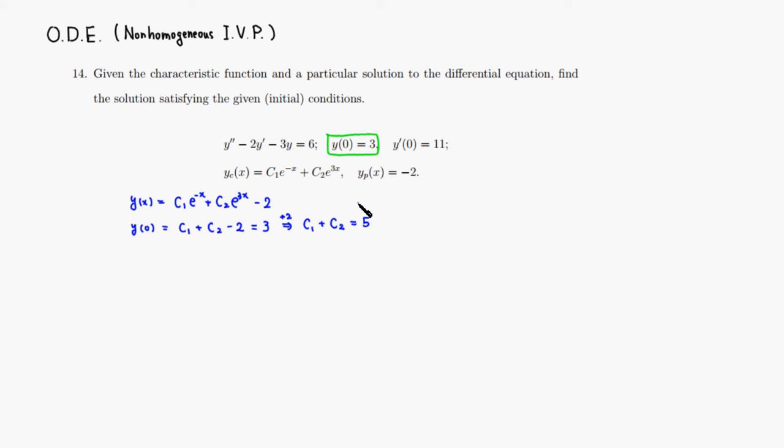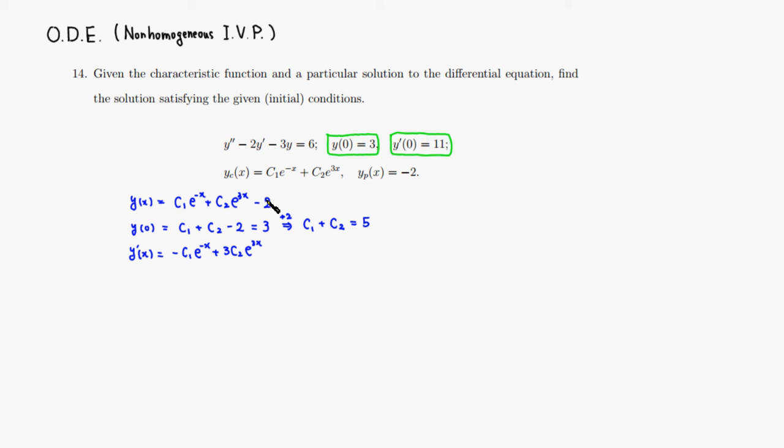All right, in order to use the second initial value condition, we need to find the derivative first. So let's take the derivative. y prime of x is equal to negative c1 e to the negative x plus 3 c2 e to the 3x.